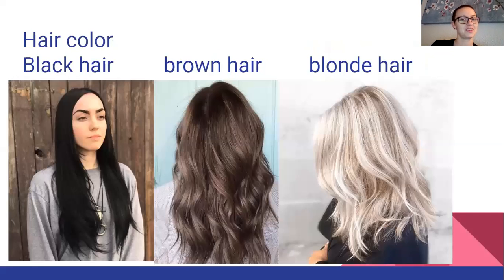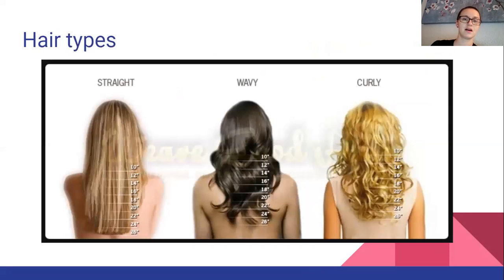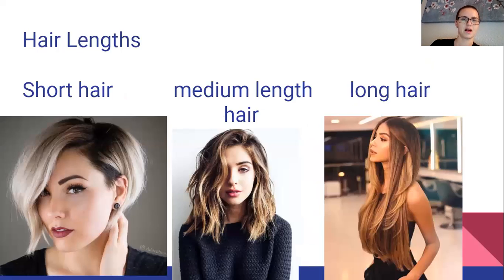First, though, using have and has, I have brown hair, right? I have brown hair. I have straight hair. I have short hair.